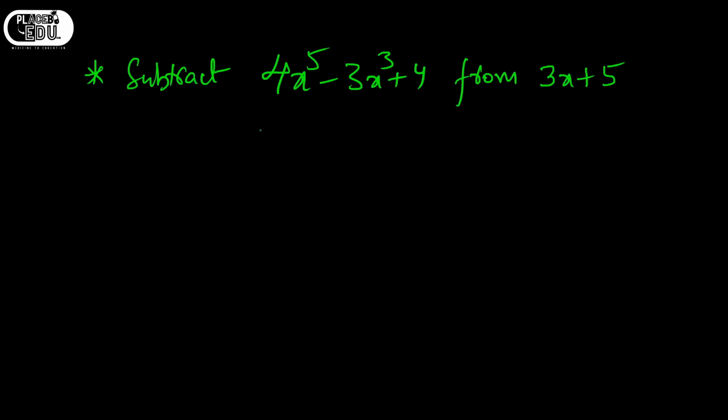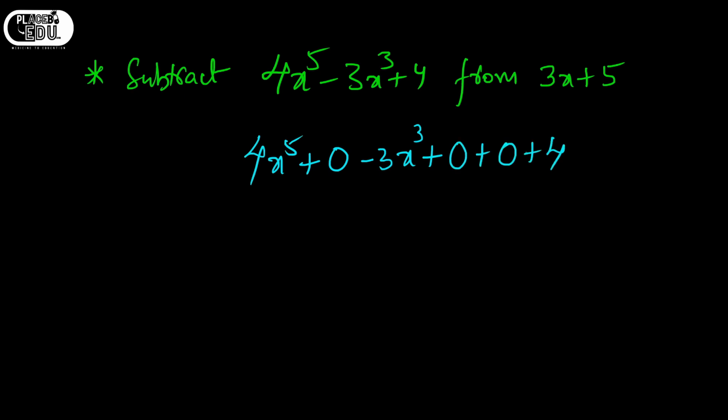We have to write all the things. 4x power 5. We don't have x power 4 terms, so I am writing it as 0. We have x cube term, so 3x cube. We don't have x square term, so I am writing it as 0. X term we don't have, 0 and 4. I hope you are understanding why I am writing zeros.